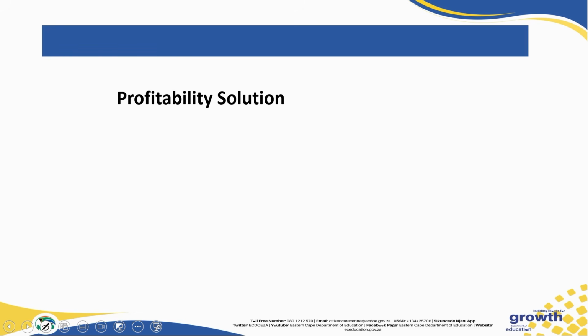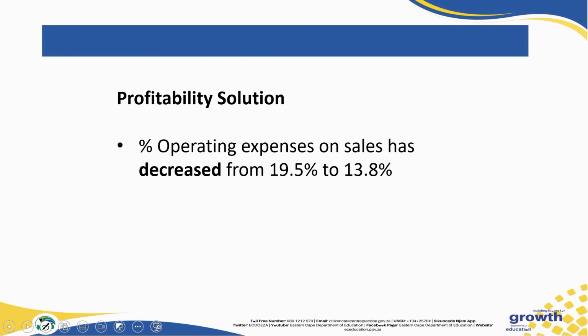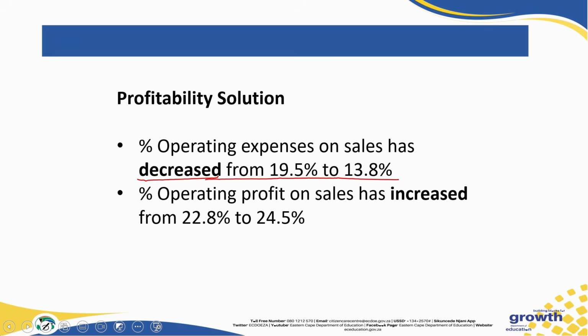Having a look at this, we can see that our operating expenses on sales has decreased from 19.5% to 13.8%. The second one, our operating profit on sales has increased from 22% to 24.5%. So this is good.